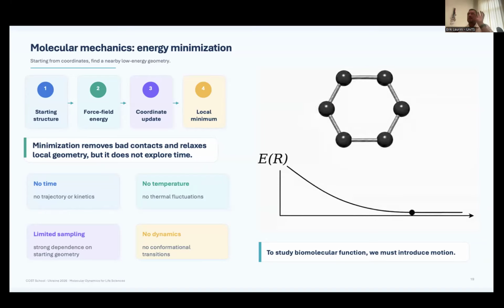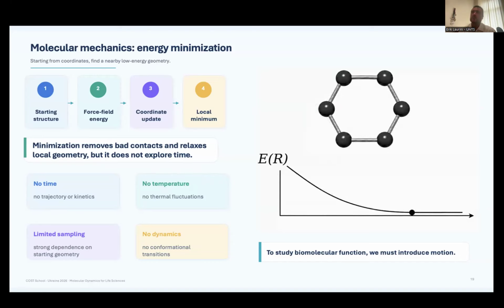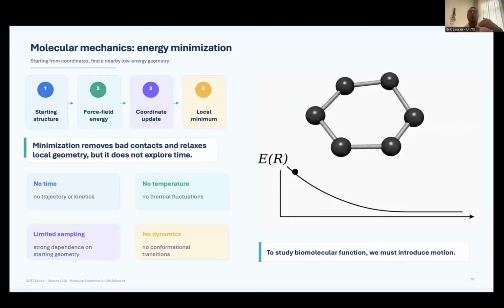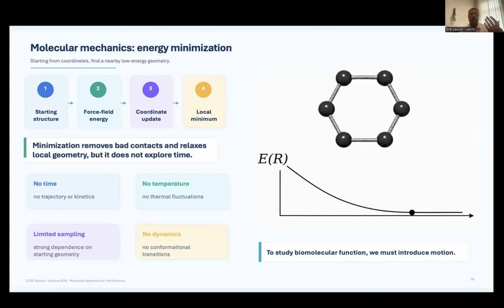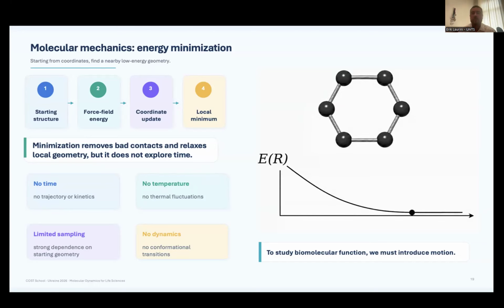So the starting structure of your molecular system is not the real structure that you will move with molecular dynamics, but just a preliminary structure that you have to optimize. And you can optimize it by applying energy minimization through molecular mechanics.